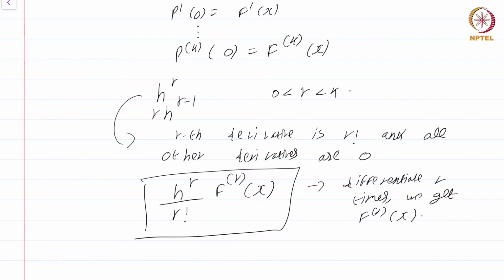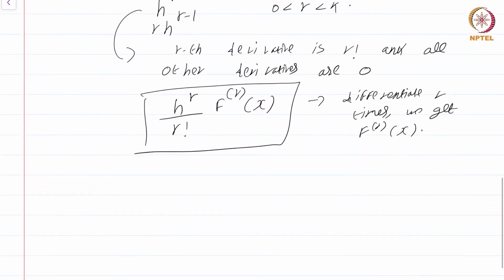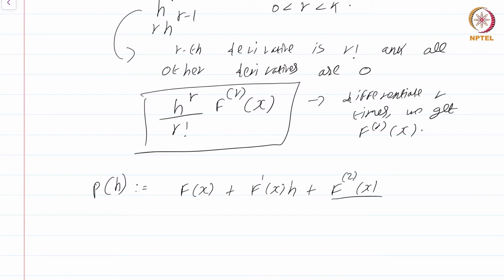So this prompts us to consider this polynomial p of h, which is defined to be f of x plus f prime of x h plus f double prime of x by 2 factorial h squared plus dot dot dot plus the kth derivative of f at x by k factorial times h to the k.